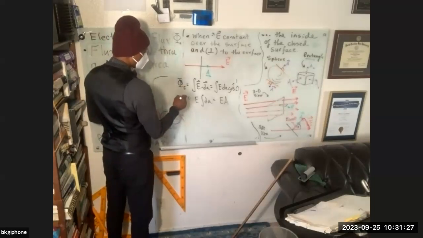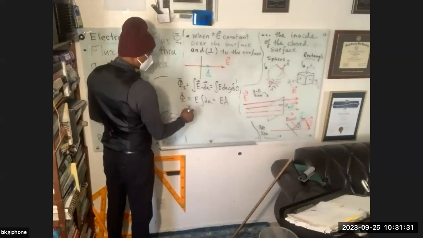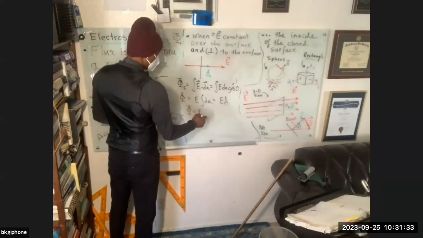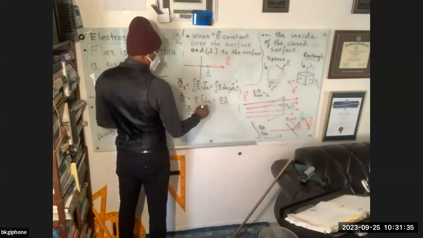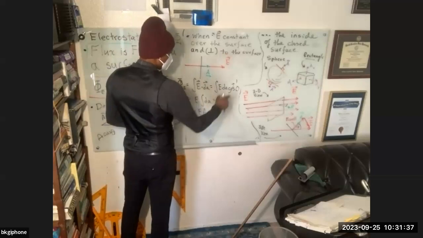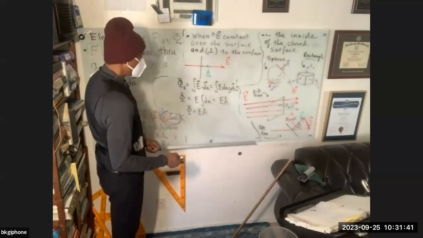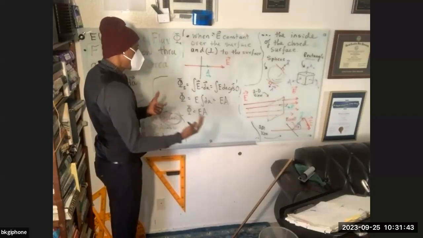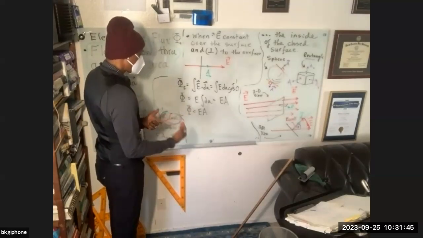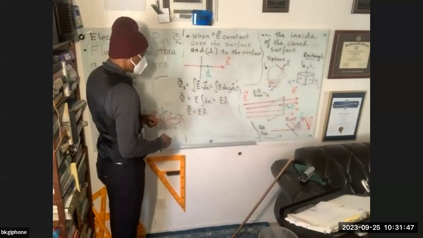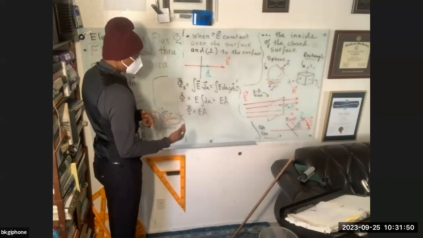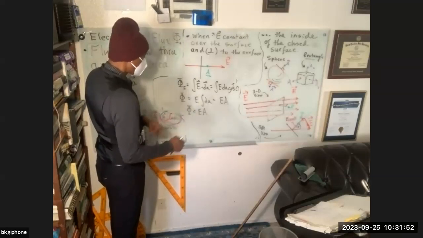Basically the maximum flux that you can get for a surface is the value of the electric field that cuts through that surface times the magnitude of A. And since theta goes from 0 to 90 degrees, cosine theta becomes a multiplicative factor that takes the flux from 0 to the maximum.